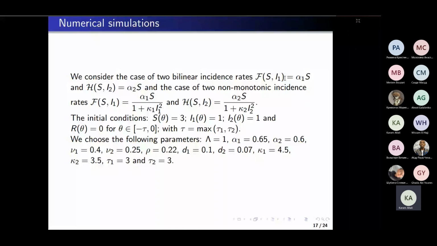The case where both of the 2 functions are bilinear, and the case of non-monotonic functions. Here, the initial condition theta, S(theta) equal to 3. As is well known for delay problems, we need some condition on an interval, minus tau to 0.